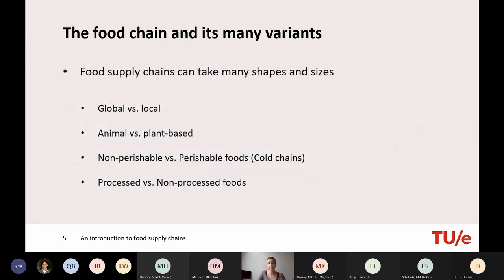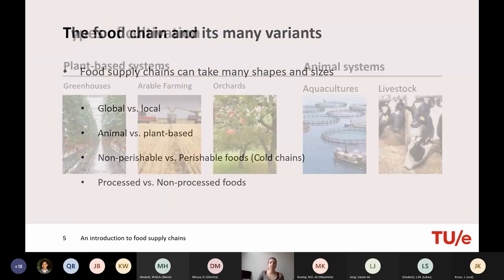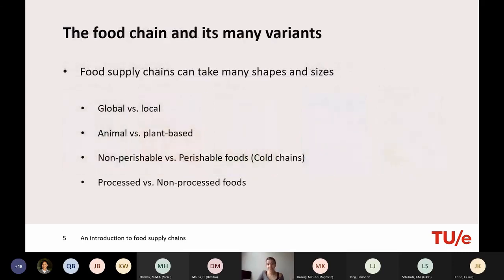Basically, the idea is that food supply chains can take many different shapes and sizes. We can differentiate between global versus local setups of the chain. Products can come from very close by, but we can also imagine tomatoes coming from Spain or Italy, or other products coming from even further away.